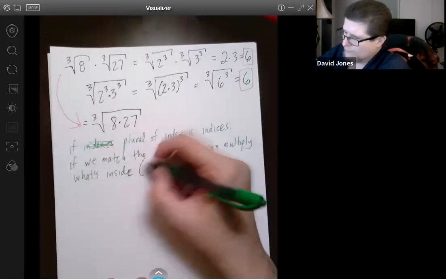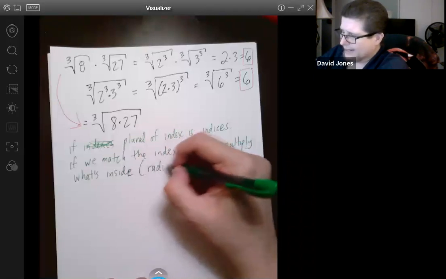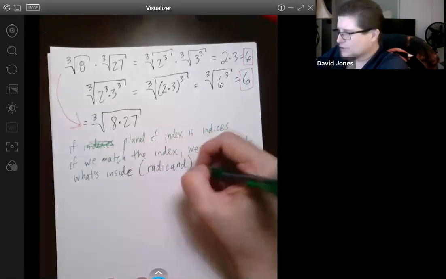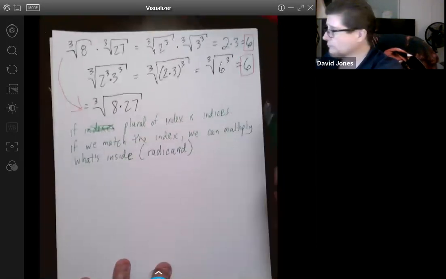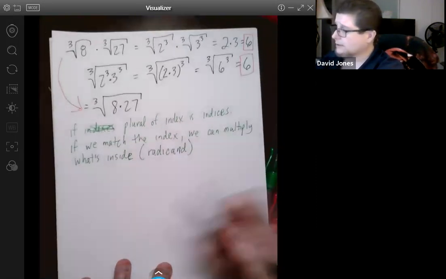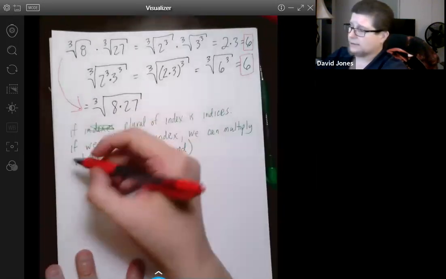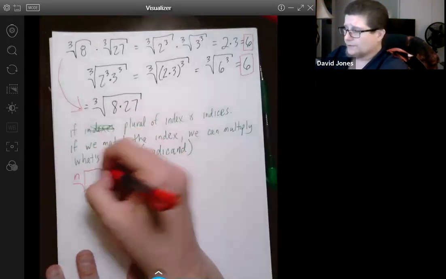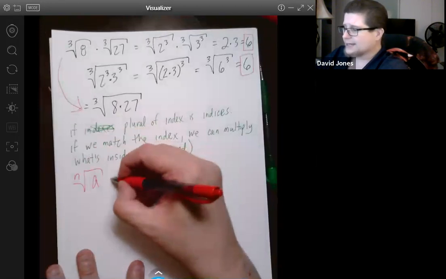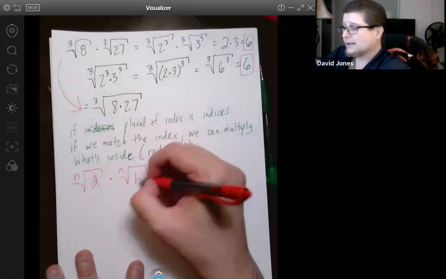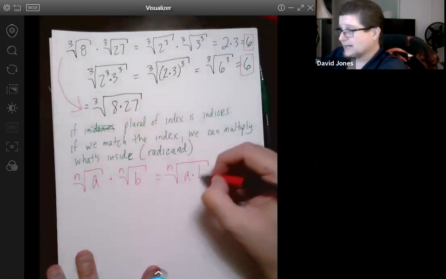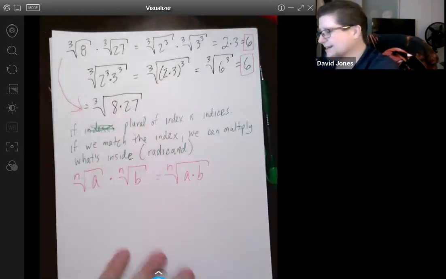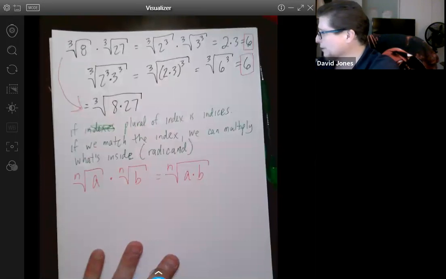And if MATLAB throws it at you, it's called the radicand. It's some math jargon. Okay. General rule: the nth root of a times the nth root of b equals the nth root of a times b. Here I used 8 and 27 as examples, and n is 3, but this property holds.